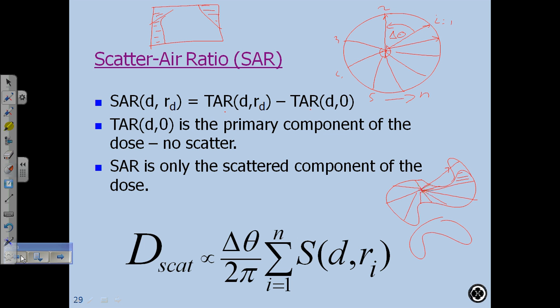Open John's Equation because I think there's either the SARs in there or... But if you know the TAR, you know the SAR because you can subtract the primary component. There it is, scatter air ratios for circular fields. Okay, so along the top, you've got your radius, each of those R's.